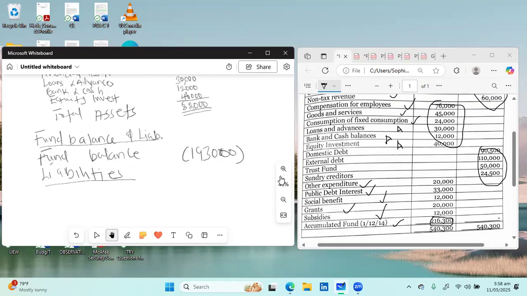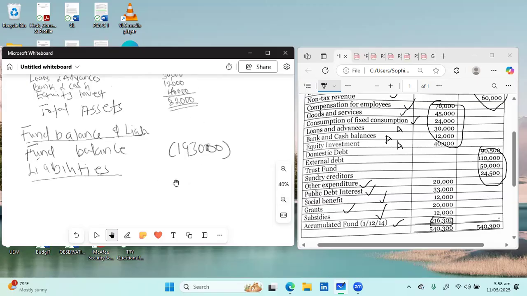All the items left which we haven't taken are going to be our liabilities.